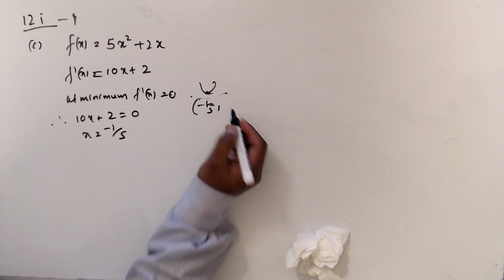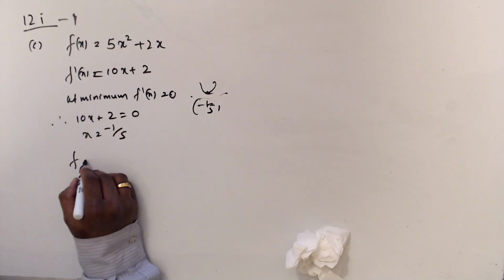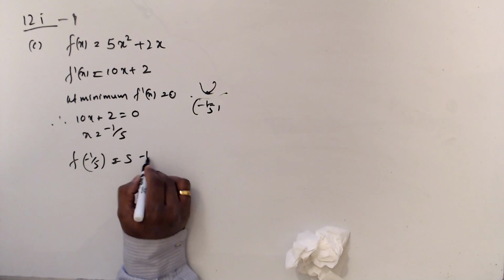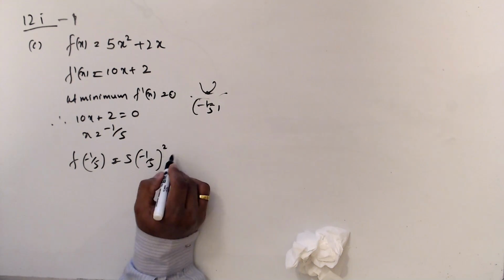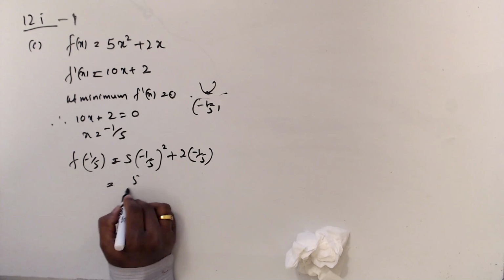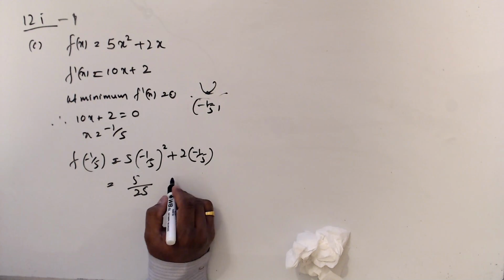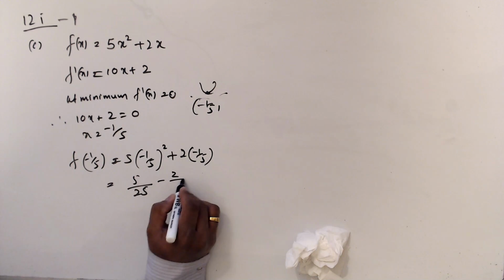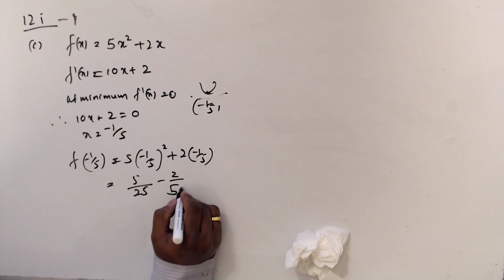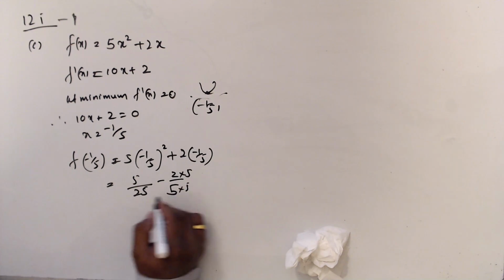At this point, x value minus 1 over 5. f(minus 1 over 5) is 5 times minus 1 over 5 squared plus 2 times minus 1 over 5. This is 5 over 25, and this is 2 over 5. So I'll multiply by 5 to make the denominator the same.